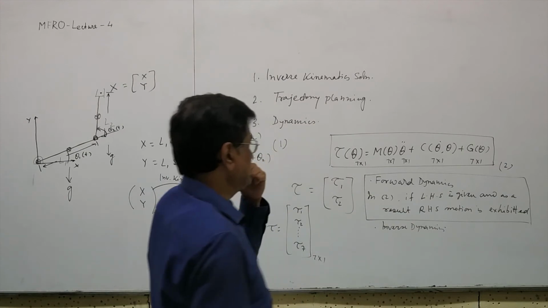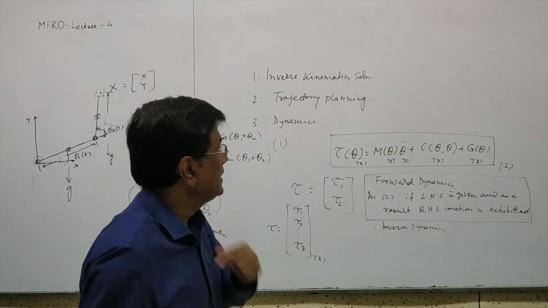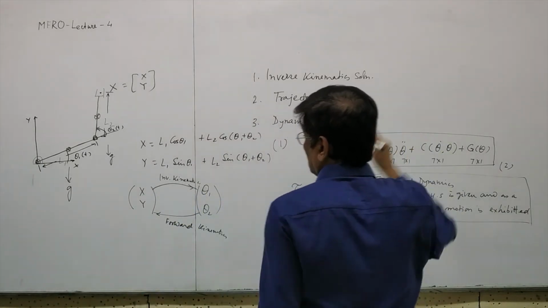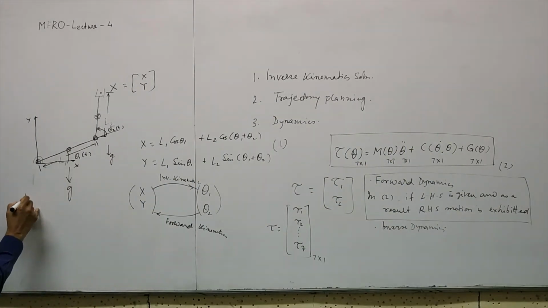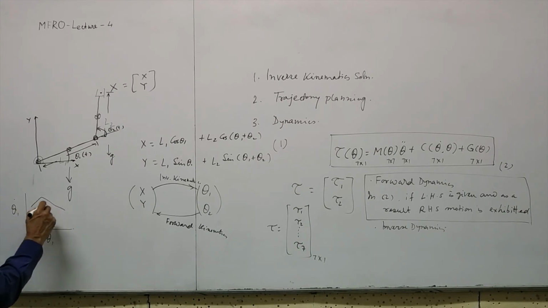What is inverse dynamics? Say I have two joints here, right? So I am defining for joint number 1 what kind of trajectory, what kind of motion there will be.